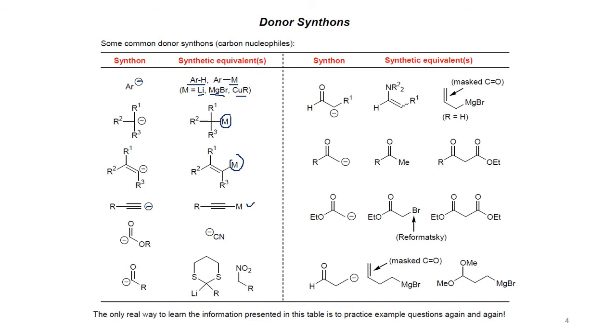Then if you have ester like this, or if you have ether, or if you have CN, there is always some synthetic equivalent. And then if we look at another example of synthon, you can get something like this, where this means it can be converted from the aldehyde.